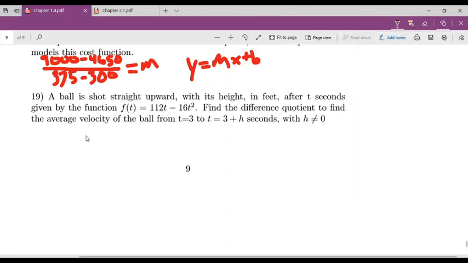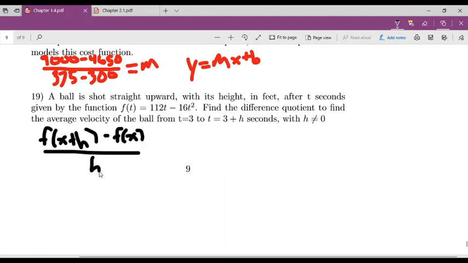Okay, so what you're going to do, you're worried about that difference quotient, which you got to remember is f of x plus h minus f of x all over h. Now the secret to this one, right, is that t is 3. t and x are basically the same thing here.